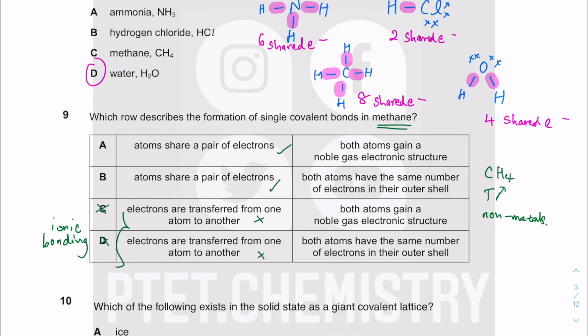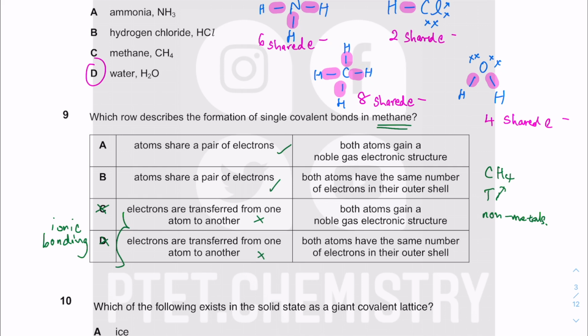These are covalent bonds, so both atoms will gain a noble gas electronic structure. Carbon has 4 outer shell electrons, gains 1, 2, 3, 4, so 4 plus 4 is 8 electrons in the outer shell of carbon. That is neon's electronic configuration. Each hydrogen is happy because it has one outer shell electron plus one more from the carbon.